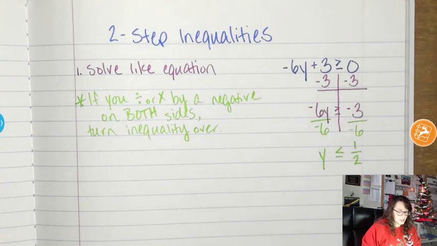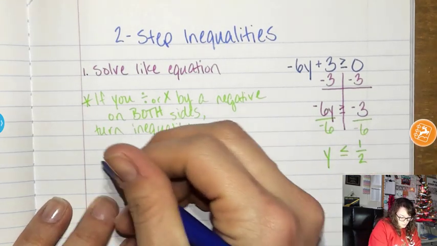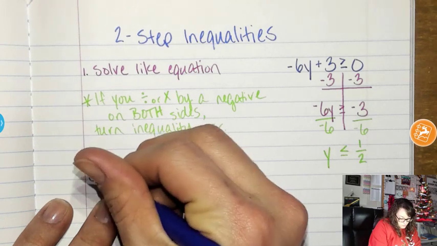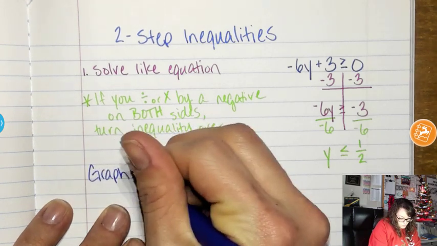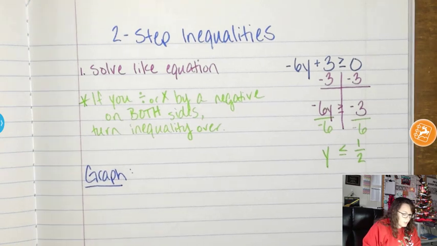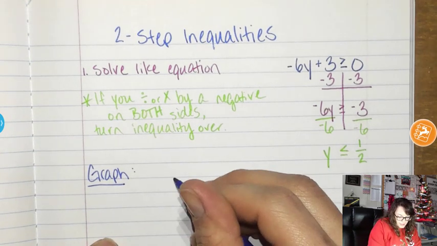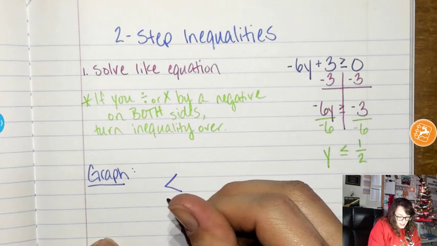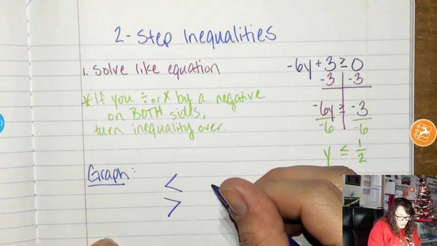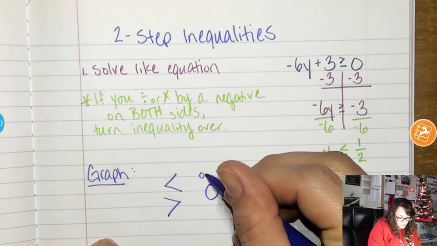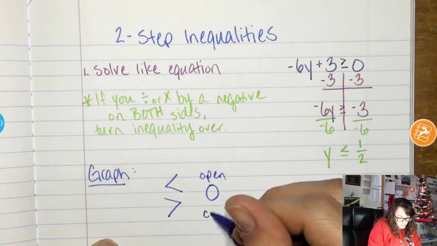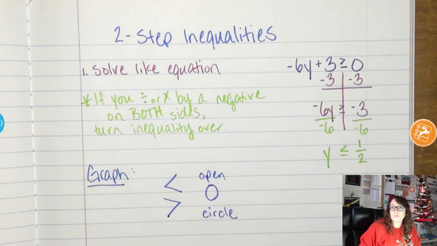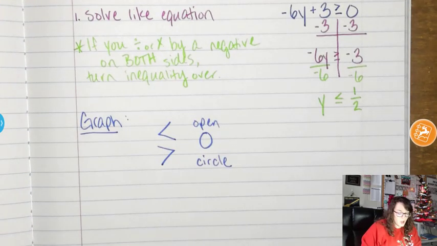The next thing we're going to do is graph. When we graph, less thans and greater thans get open circles.